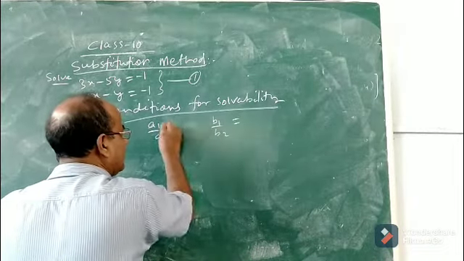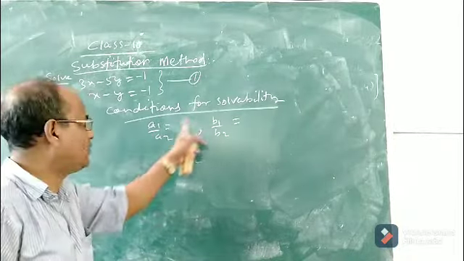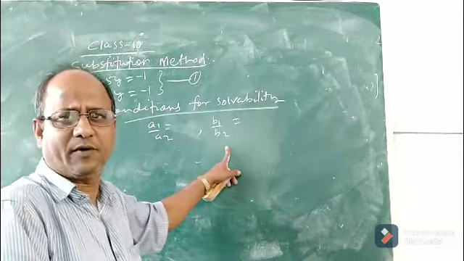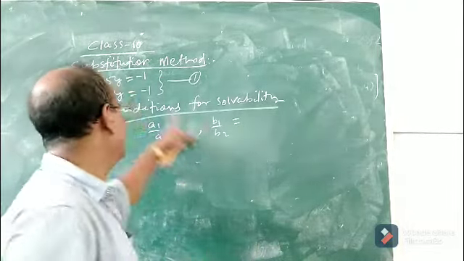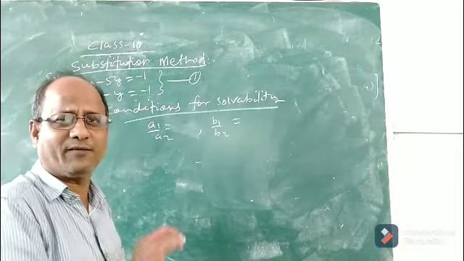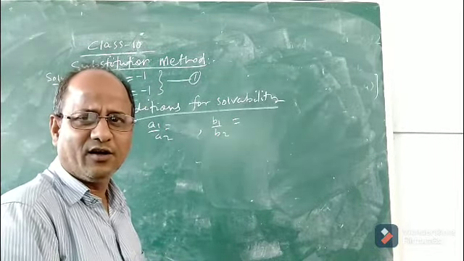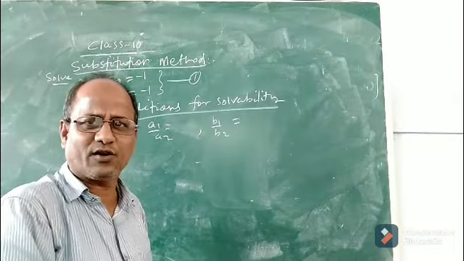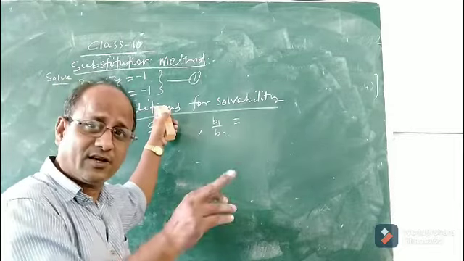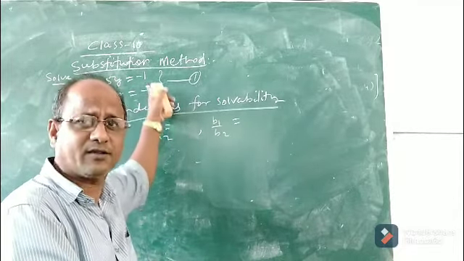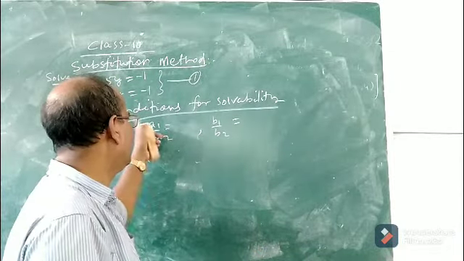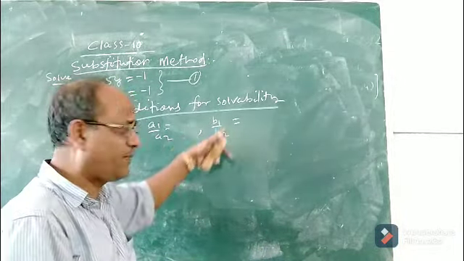First you find the values of a1 by a2 and b1 by b2, and make sure that a1 by a2 is not equal to b1 by b2, because then only the system will have a unique solution, and if it has a unique solution, then only can we find it. If it has many solutions or no solution, how can we find those solutions? So, if the system has a unique solution, then only is it possible to determine it by substitution or elimination or cross multiplication. So, first you check a1 by a2, then find b1 by b2.